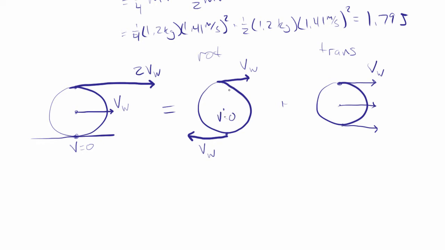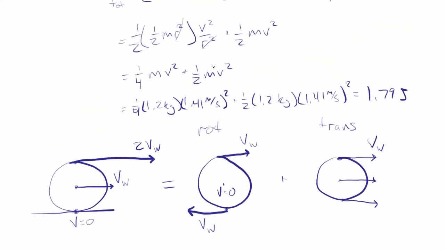Okay? So this is what we've done. To get our kinetic energy, when we've added together the rotational component plus the translational component, I'm really adding together two different pictures. And so I have to recognize that this VW in this picture, in other words, the V that goes with my rotational kinetic energy term, is actually the V that's assigned to the center of my wheel.